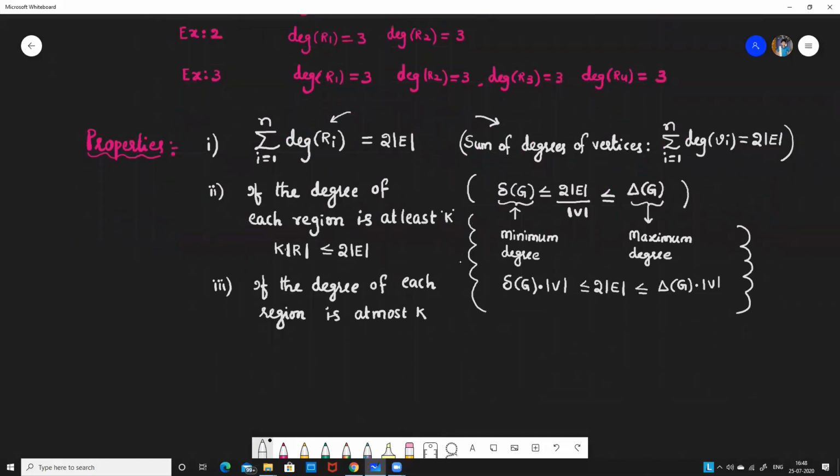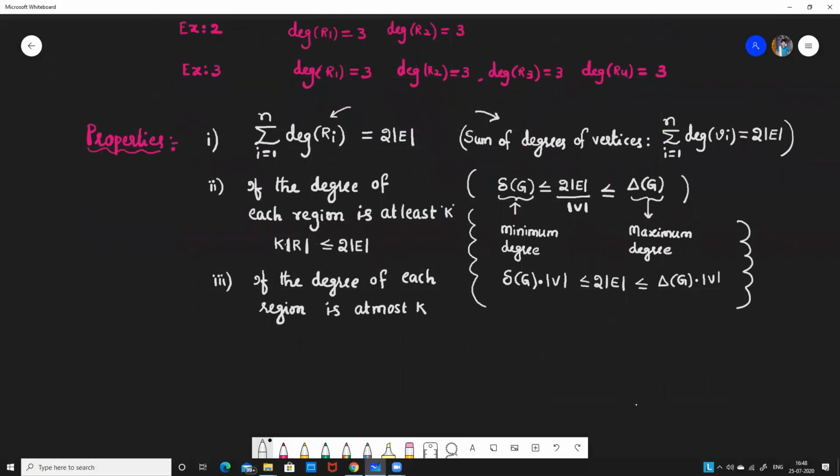At most k means maximum degree. Then it must satisfy the condition that k times the number of regions must be greater than or equal to 2 times the number of edges.